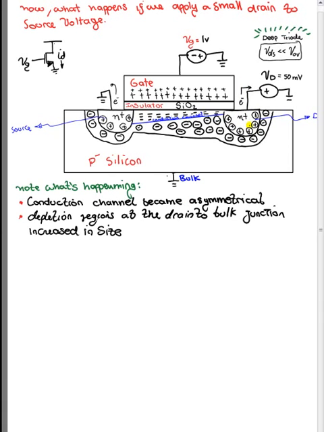And you're uncovering more fixed charges on the other side as well, because it's repelling those holes. So you're getting more uncovered negative fixed charges, and the depletion region increases. I should have explained that a little bit below. So more fixed charges were uncovered. And the third one is there is now an established electric field from drain to source.